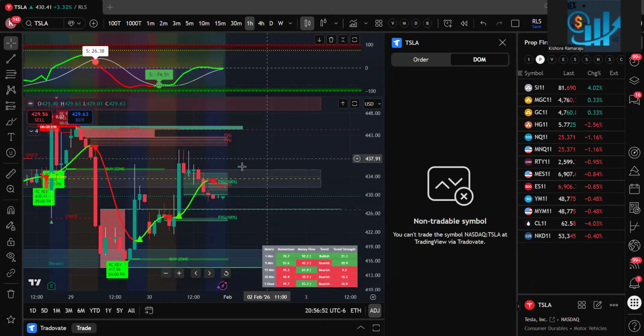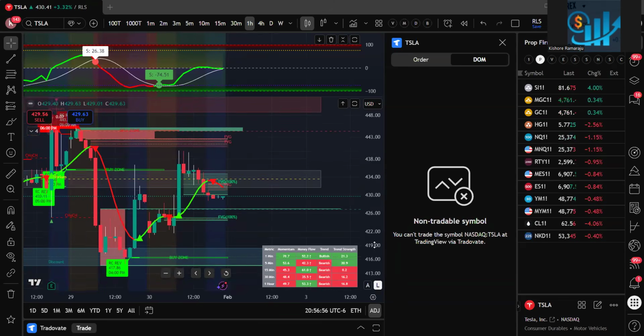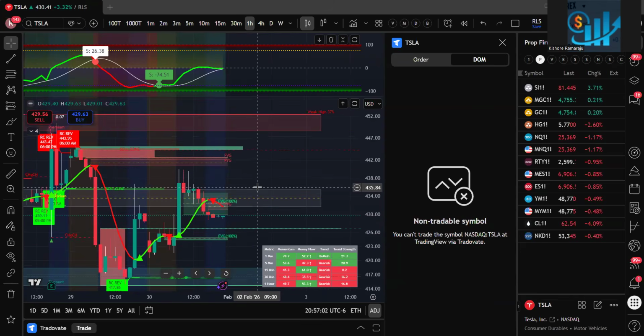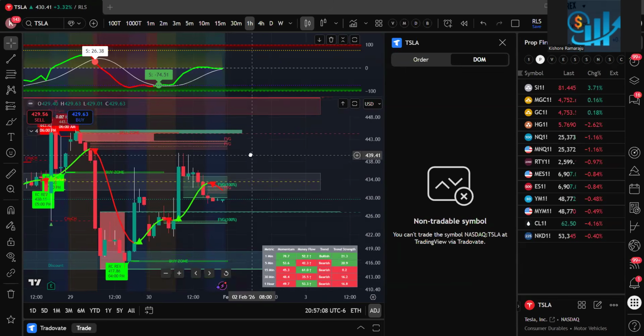At the end of the day, that expires. You can keep all the premiums. So there will be many opportunities from tomorrow with stocks and ETFs, not just with SPX. There will be a lot of opportunities with all these big cap stocks.